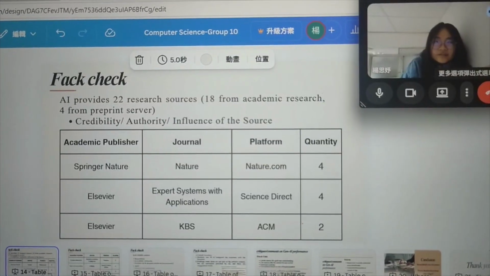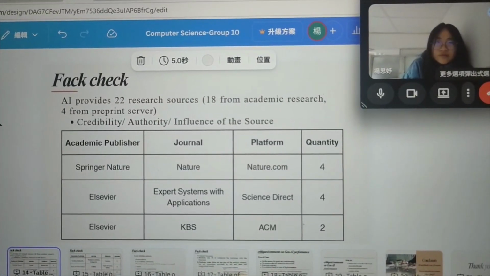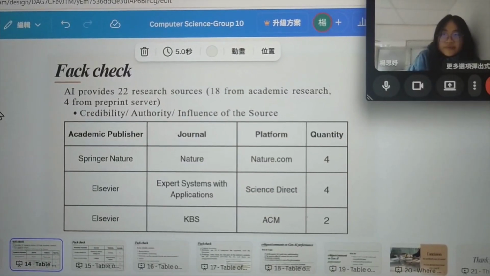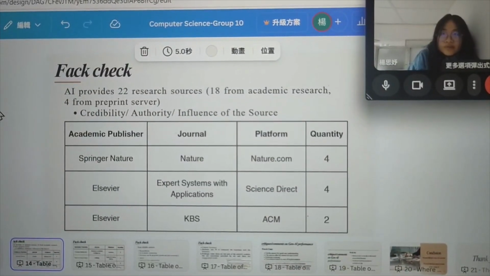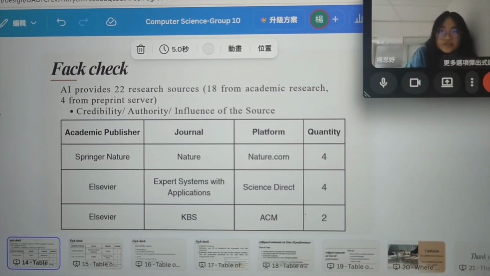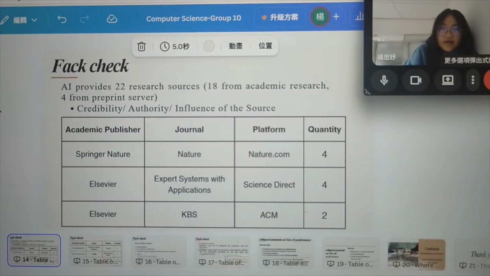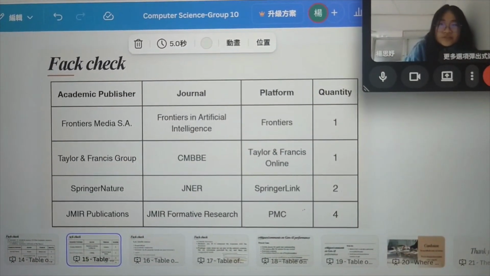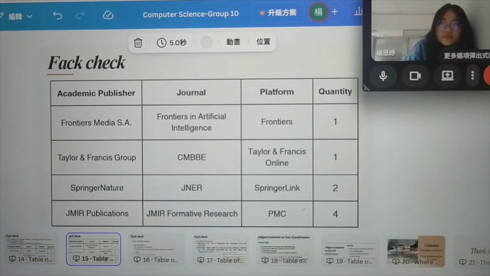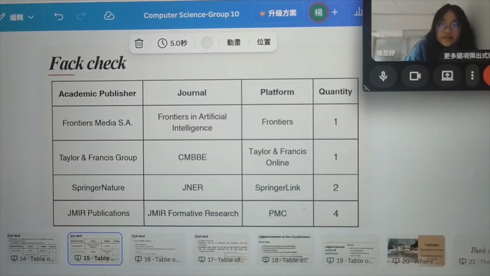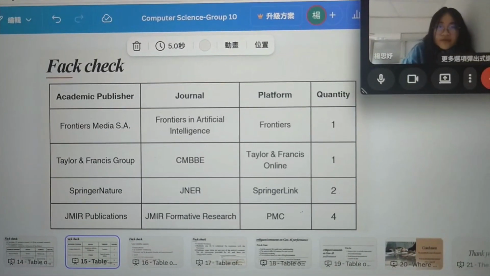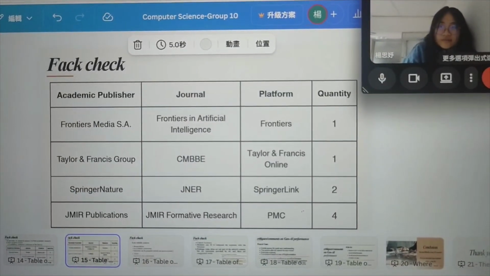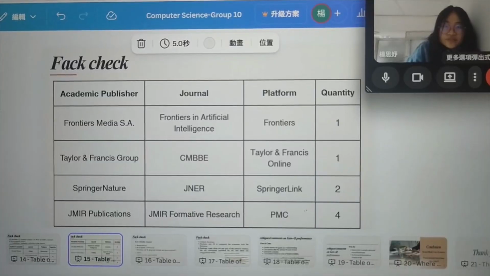The higher credibility ones come from academic research institutions and major global publishers, such as Springer Nature and Elsevier. They are considered authoritative sources in academia. They are trustworthy because they have undergone strict peer review.